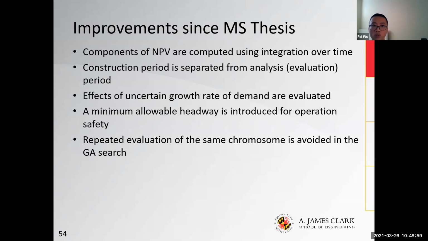We are separating the construction period for determining the completion time from the analysis period. We also consider the uncertainty of the growth rates of demand. And we also use some minimum allowable headway for operation safety while determining the optimized extension plans.